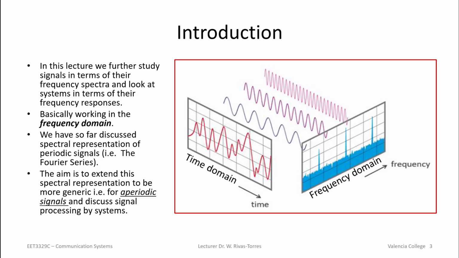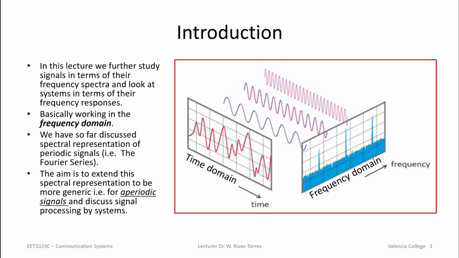So far we have studied signals in terms of their frequency spectra and looked at them in terms of their frequency responses. Essentially, we've been looking at the frequency domain. The authors of our textbook started talking about different identities of the signals.